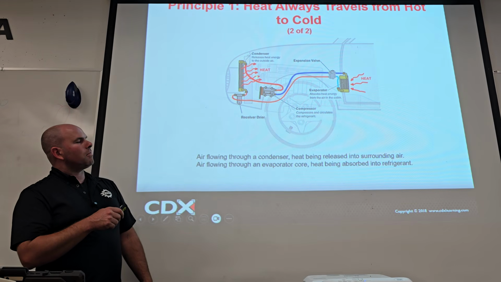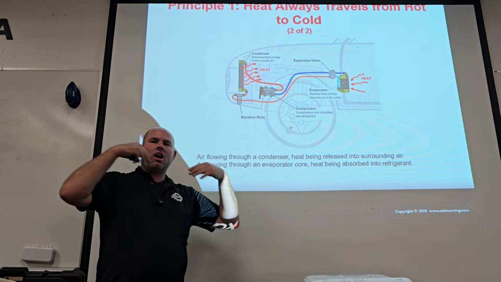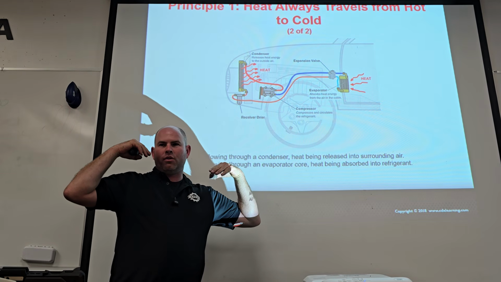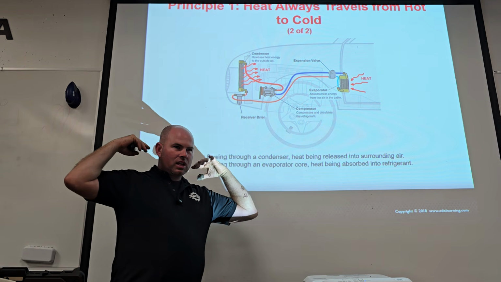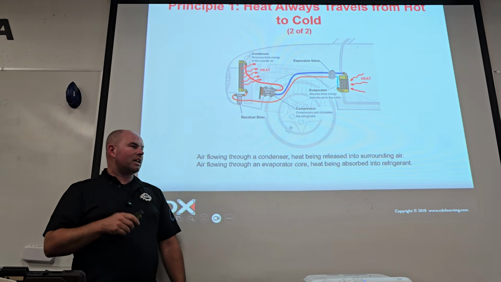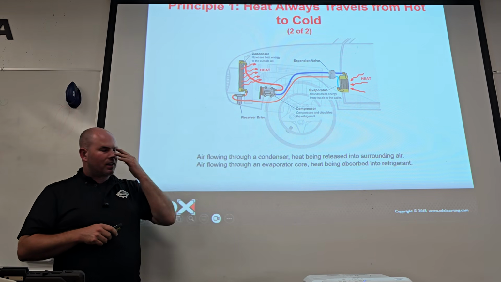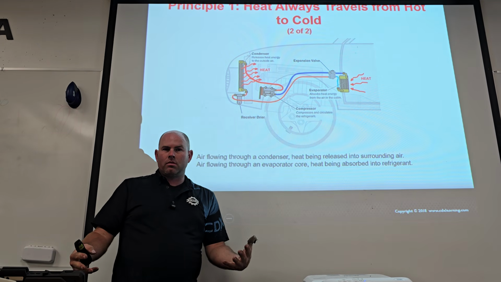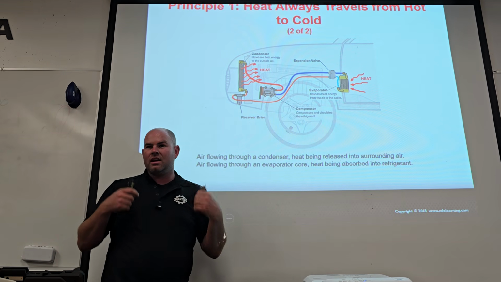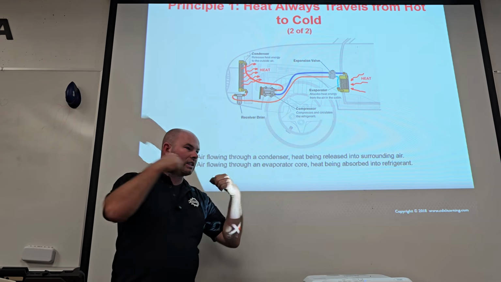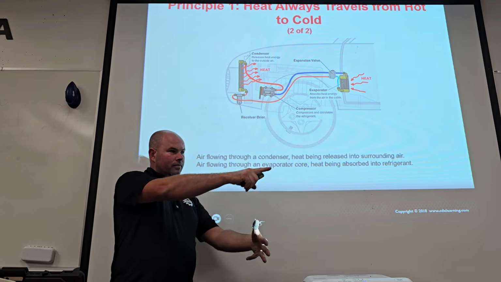It's going to release it into the metal, and then the airflow, the fan, your 80 miles an hour on the freeway to get here on time, that is going to carry the heat away. Cool, makes sense? But you have to understand, it's not just because this thing's cold and this thing's hot. It's because this is evaporating, which remember, the law is it absorbs a lot of heat. And this is condensing, which the law says it's going to release a lot of heat.